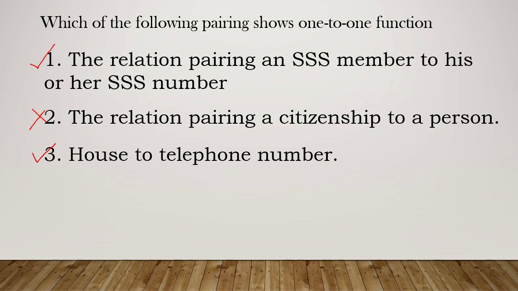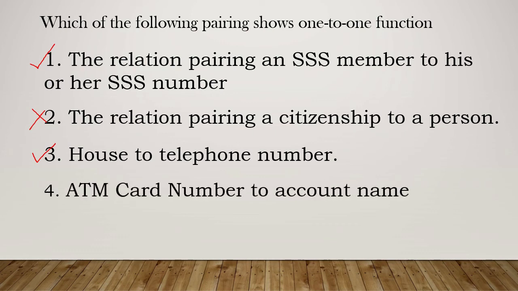Okay. Next, an ATM card number to account name. Is it possible for an account name to have at least two different ATM card numbers? It is not possible, and therefore this is a one-to-one function.